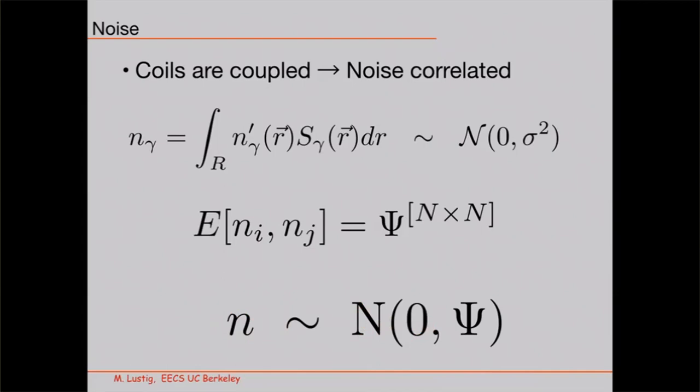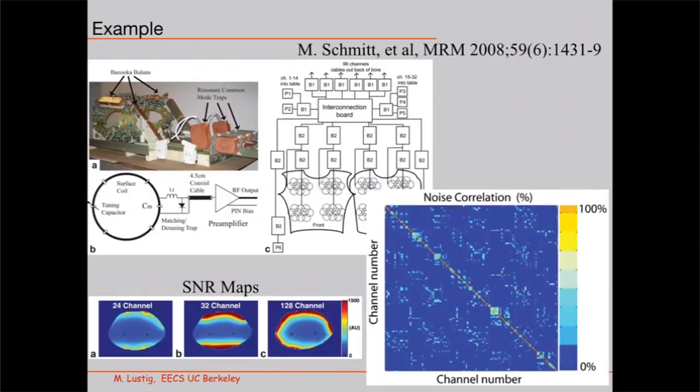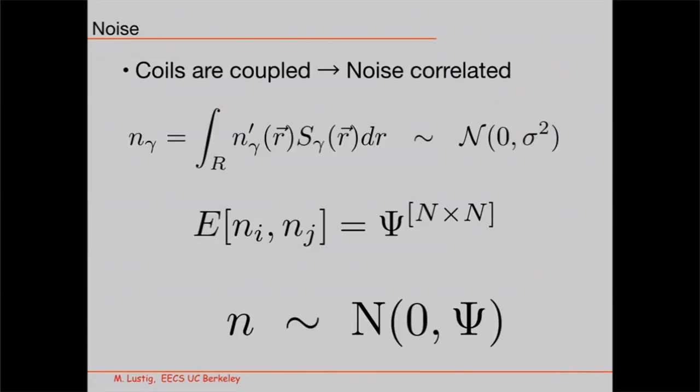Now, here's an example, by the way, from... Nikki, can I ask a question? Yeah. On that previous slide, we're discussing this in terms of the raw k-space real or imaginary channel, the noise that you pick up from each coil, right?